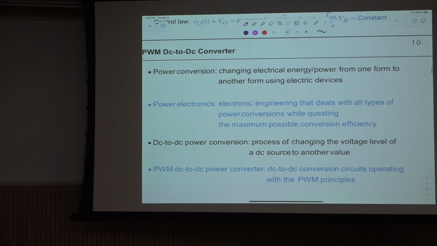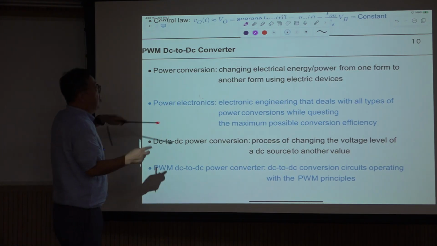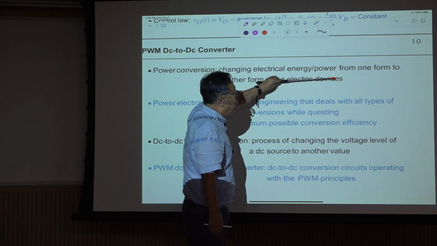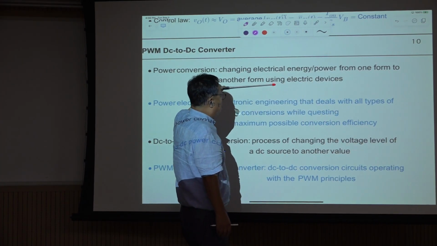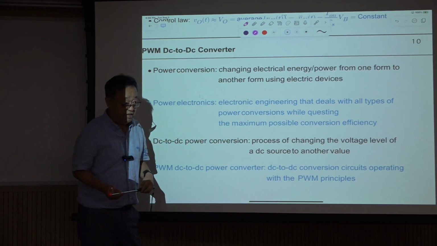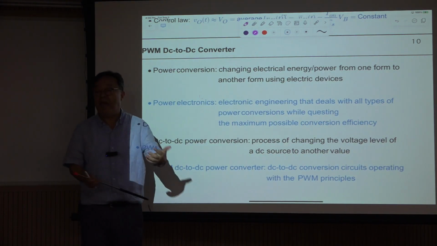So we discussed the PWM converter, but I'd like to summarize the terms used here. Power conversion means changing the form of electrical energy, from the originally given form to another, the desired form, using electric devices. We are not talking about mechanical things.